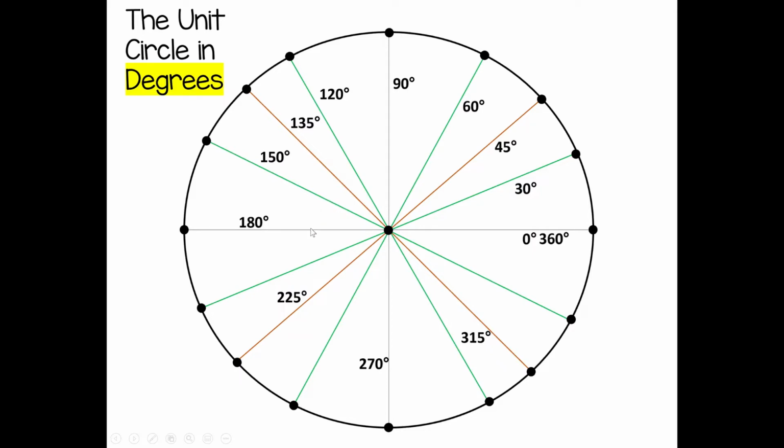Then I get 180. 30 more makes 210. 30 more makes 240. Then 270. 30 more makes 300. 30 more makes 330. And then a full rotation around our unit circle makes 360 degrees. So that's how we show degrees on our unit circle. That's how all of those degree measures come to be.